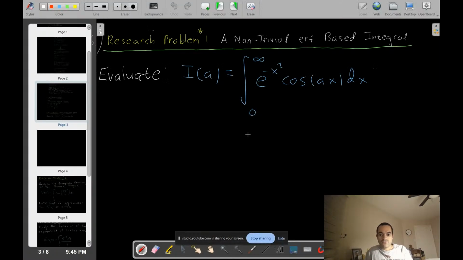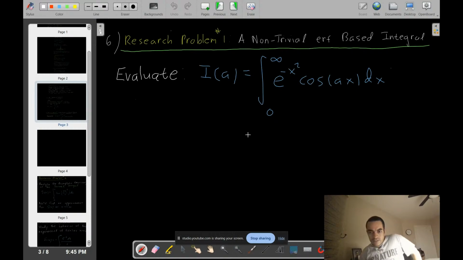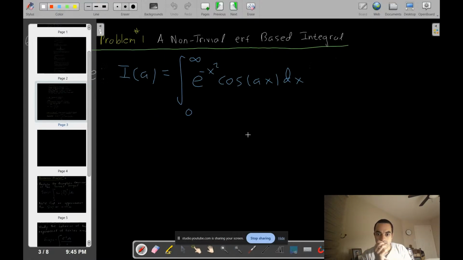Okay, so Feynman trick. Now, as you can see here, this integral you can integrate with Feynman trick. For those of you coming in, I'm going to do this really fast on the side. Do any of you know what Feynman trick is?